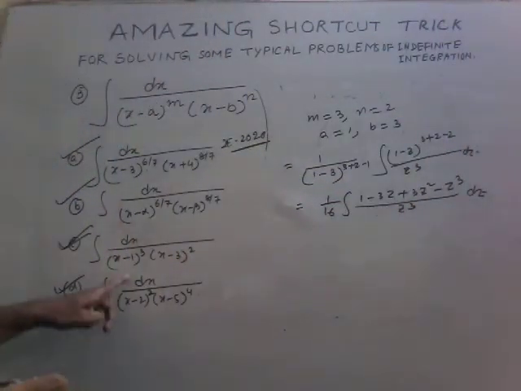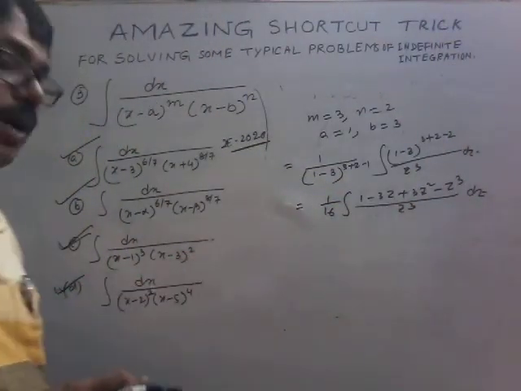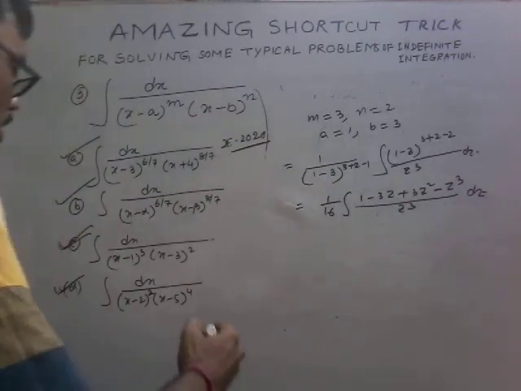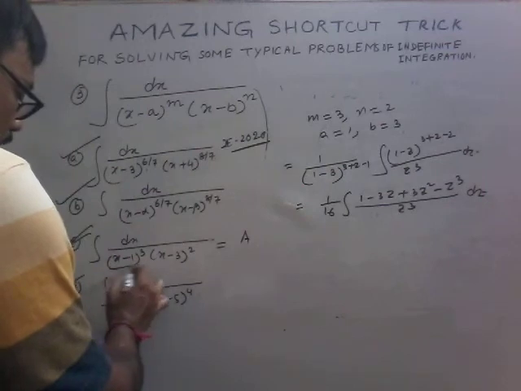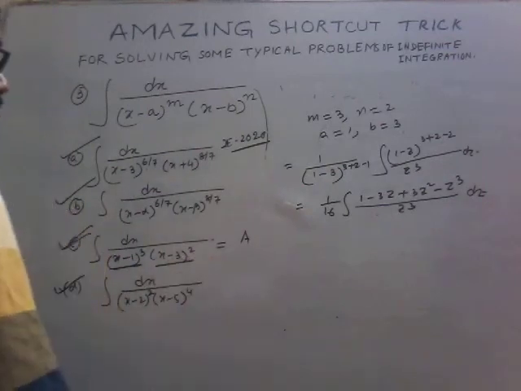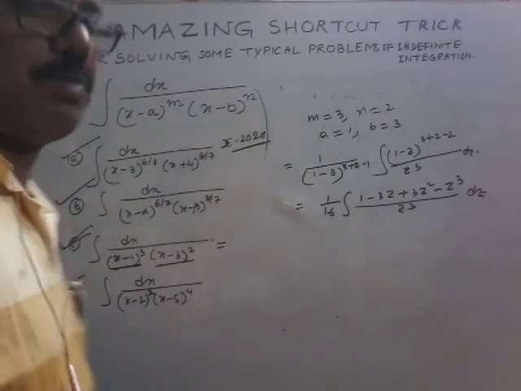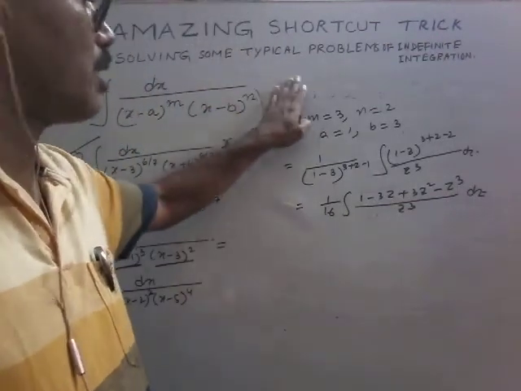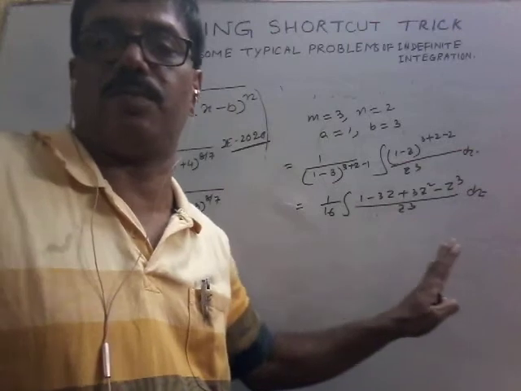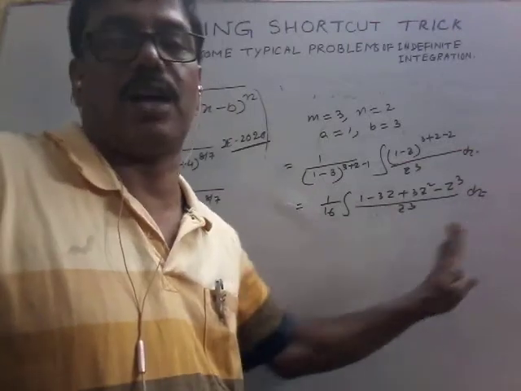If you solve this type of problem by the method of partial fractions, it will take time. For 3 constants, for this 5 constants, you have to calculate 5 constants. And if we use the transformation, then it is also simple, but it will take time.